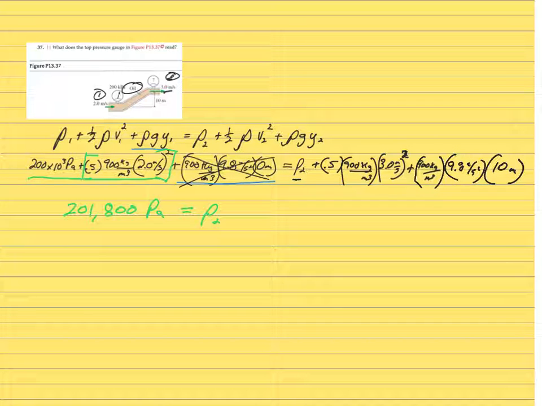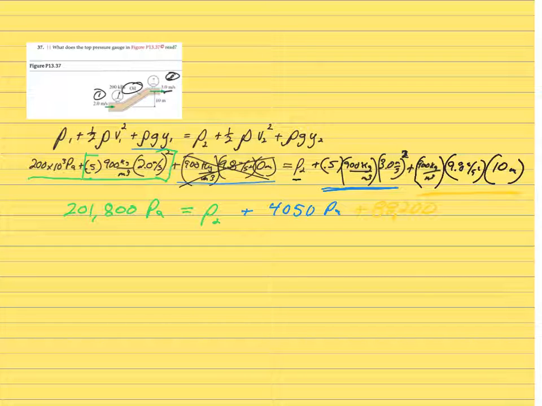Isn't this one quantity, and this another quantity? So let's do the blue. I believe I got 4,050 pascals. And then for the yellow, I got 88,200.